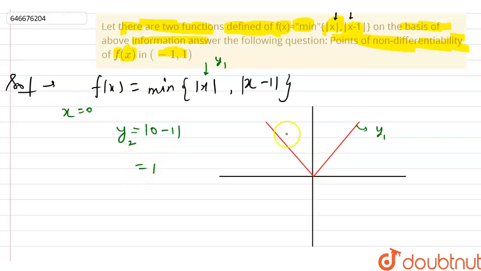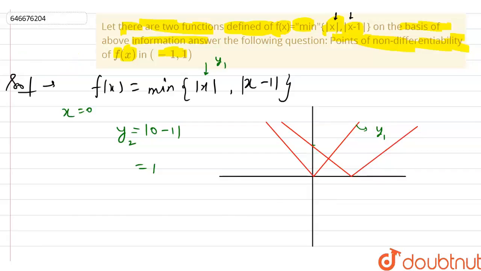So that's why it should cut at 1. Therefore I'm going to make the graph. It will look something like this and this. Now it should be similar, a mirror image on the other side. That's why I'm making it again. Yeah, this is the graph.